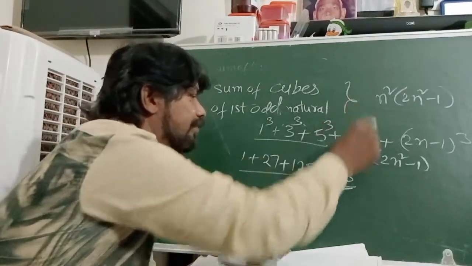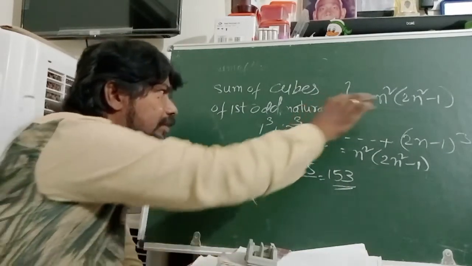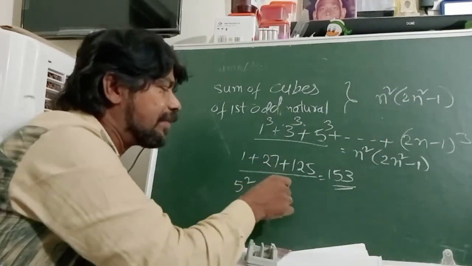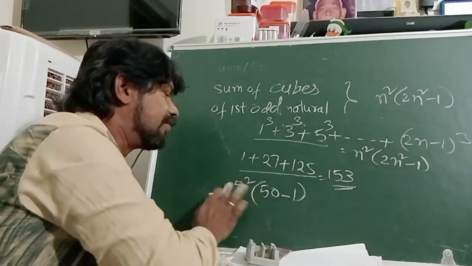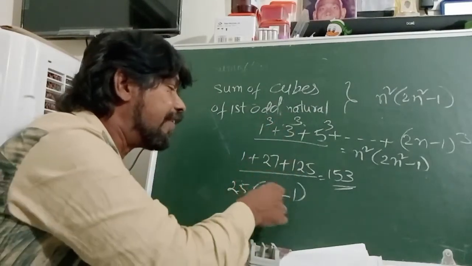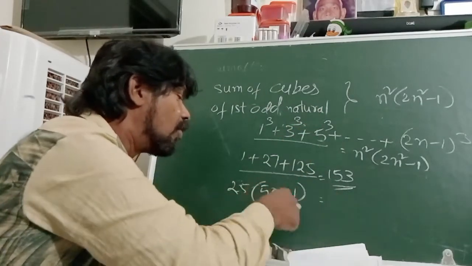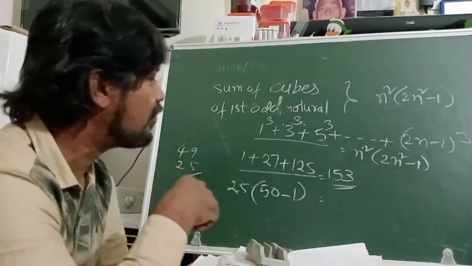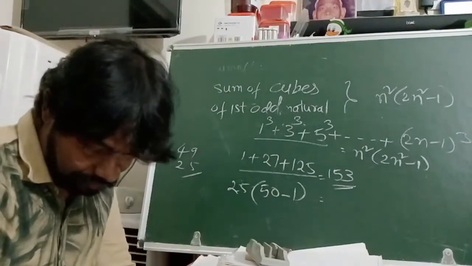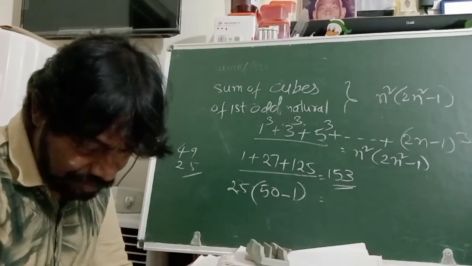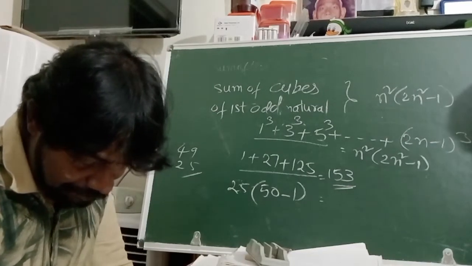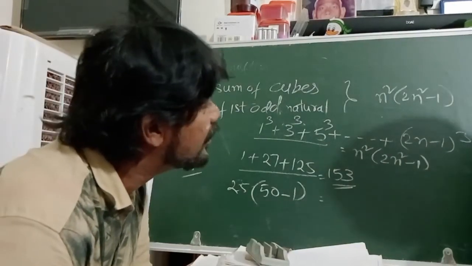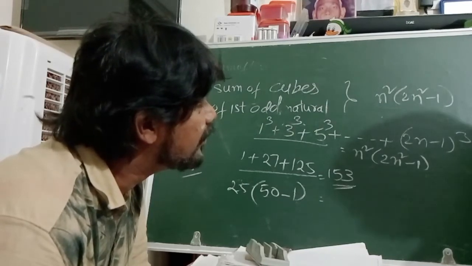The last term is 5, so n is 3 and n square is 9. n square into (2n square minus 1): 2 times 9 is 18, minus 1 is 17, so 9 into 17 is 153.